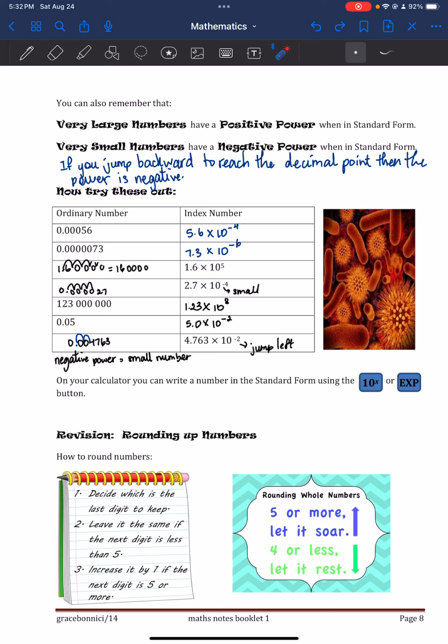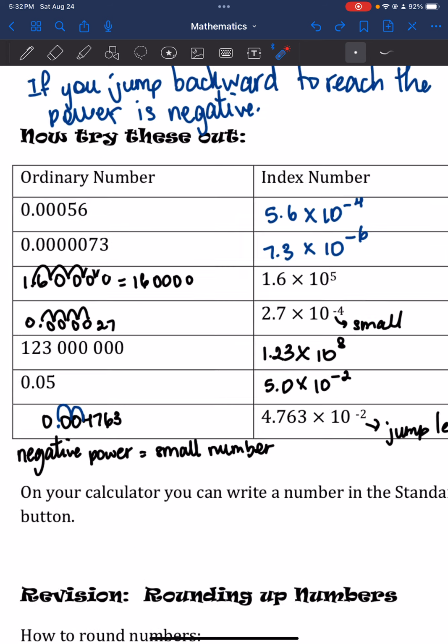So hopefully you remember that. Hopefully that makes sense. The second one is 0.000073. So that is already confusing because now you're seeing the importance of standard form, because I almost mixed up how many zeros we have there.